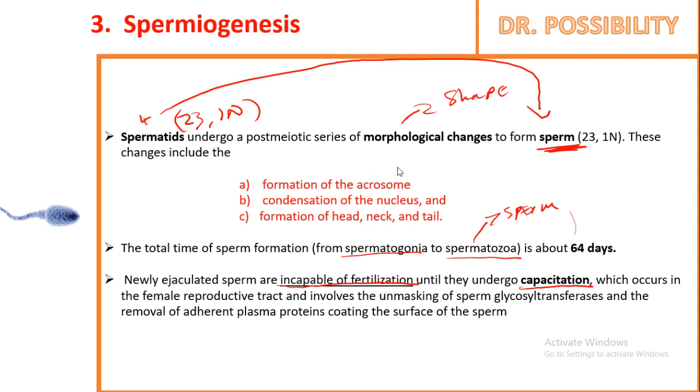Why? Because there is an acrosome around it, there is a membrane around it, something covering it up. So the newly ejaculated sperm cell cannot cause fertilization.